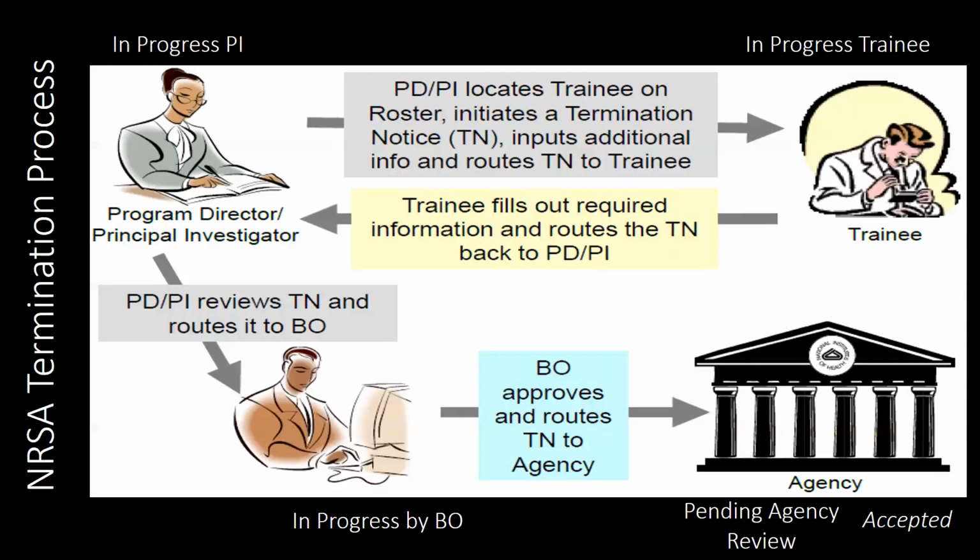So this is just an overview. Again, I like my visuals of how that termination process works. The big difference here between the terminations and the appointments is that in progress BO, making sure it gets reconciled. Again, the R25s don't have the step of the business official.